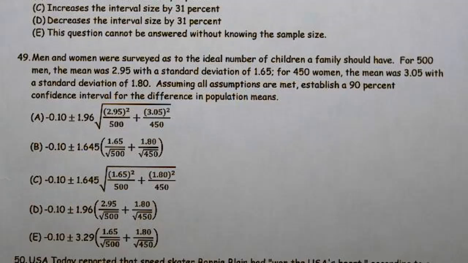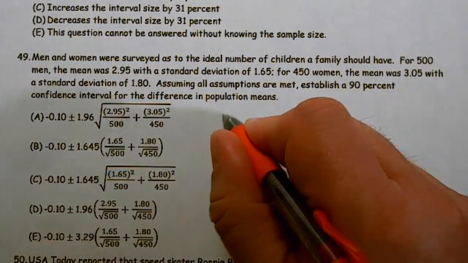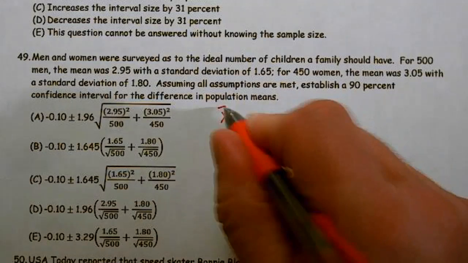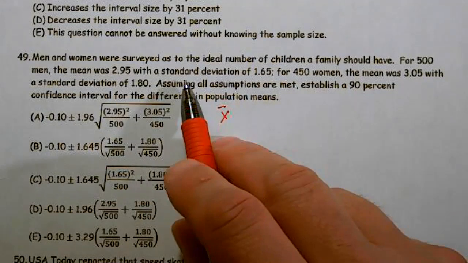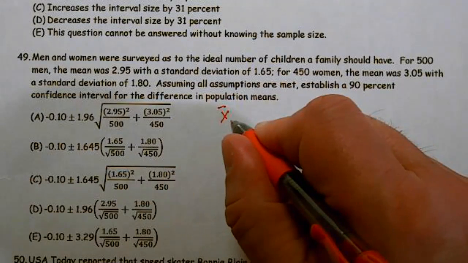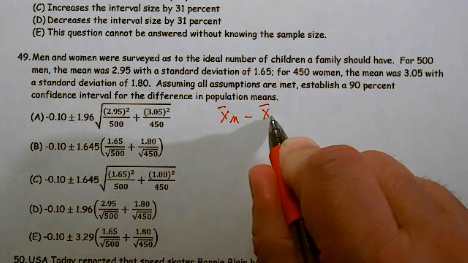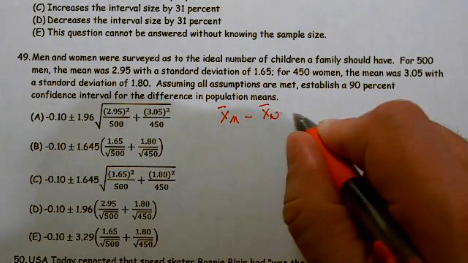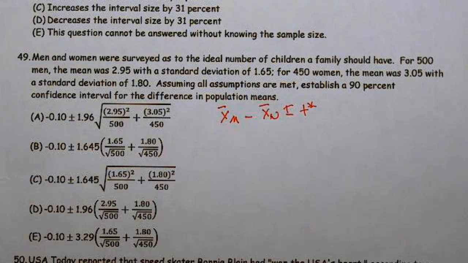All right? So, first off, what's our formula? We're working with means. So that's going to be X bar, and then what did we have first? They did the men first. X bar men minus X bar women plus or minus T star.